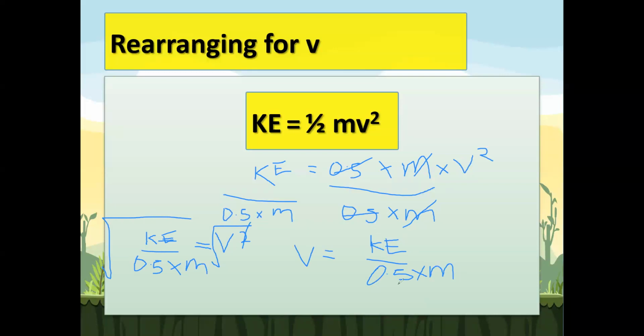So 1 over 0.5 is the same as 2. So we can also put 2KE over M, but just keep it simple as this. That's the formula for finding the velocity from kinetic energy.